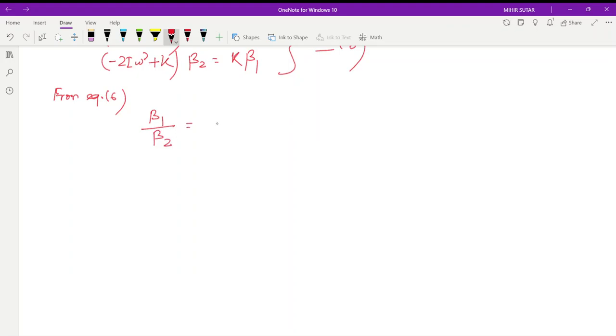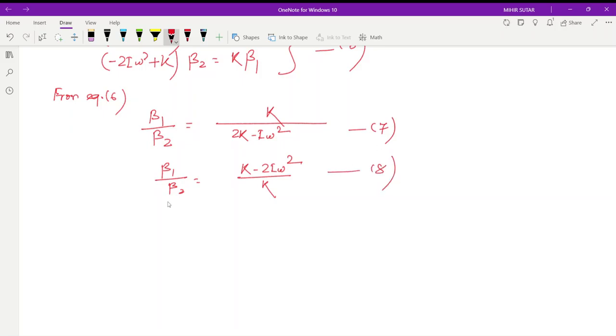One will be beta1 by beta2 equal to k by (2k minus I omega square), and the other beta1 by beta2 will be equal to (k minus 2I omega square) by k. Let's say this is equation 7, this is equation 8.